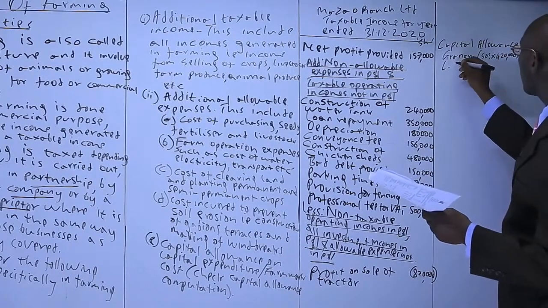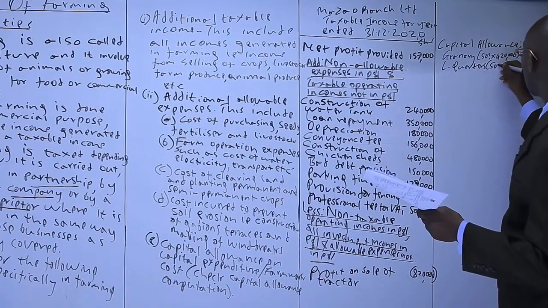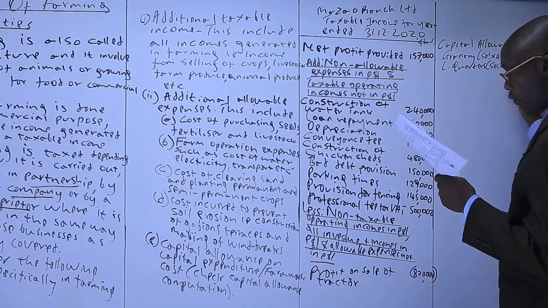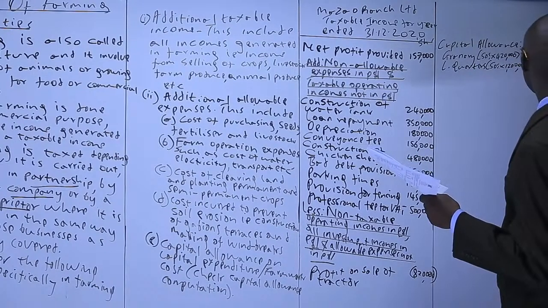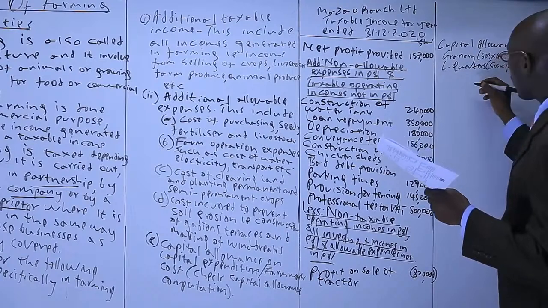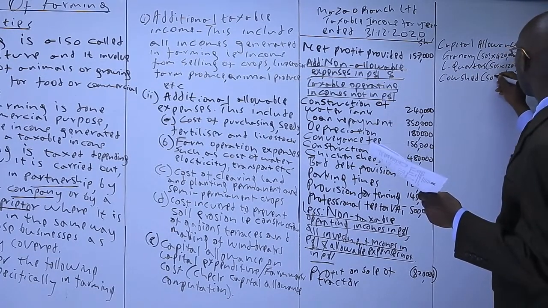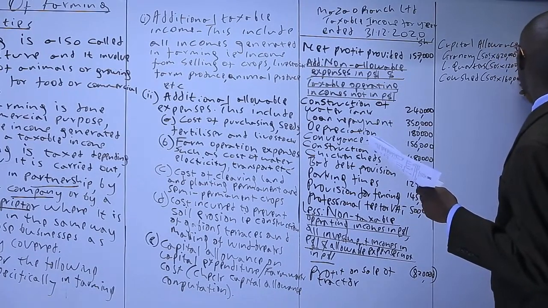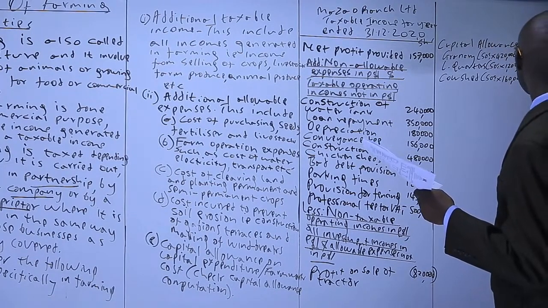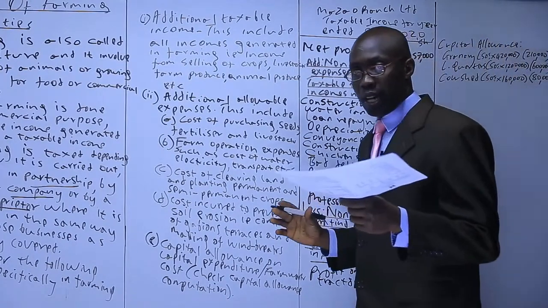Labor quarters, 50% of 1,200. That will be 600,000. Then cow shed, 50% of 160. That will be 80,000. So we are done with number 1.